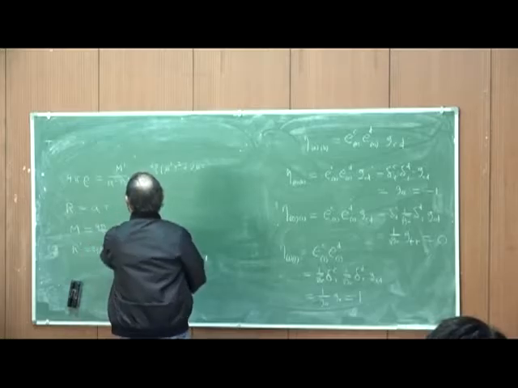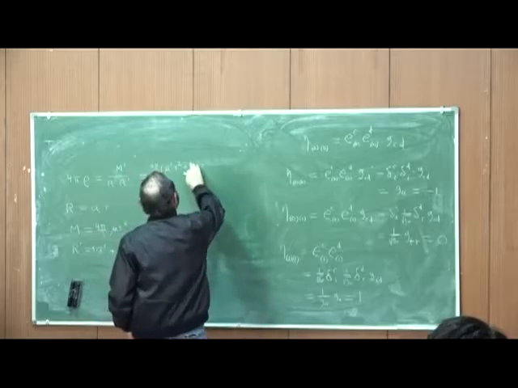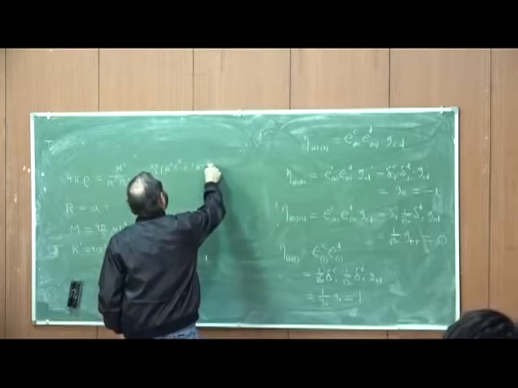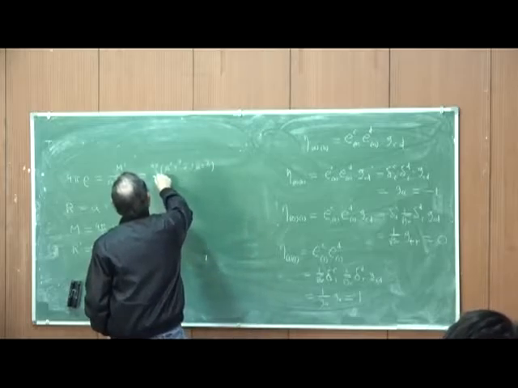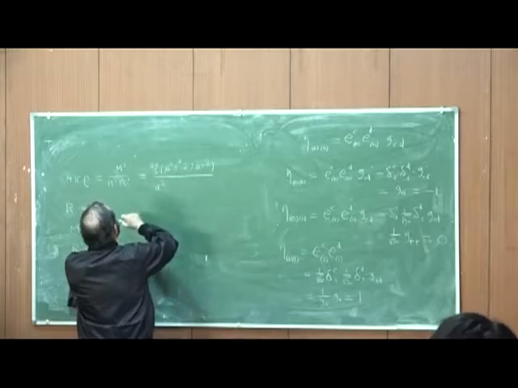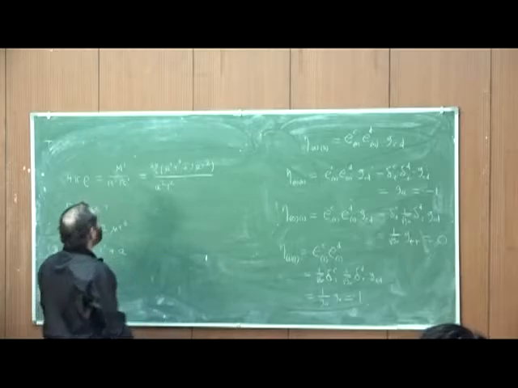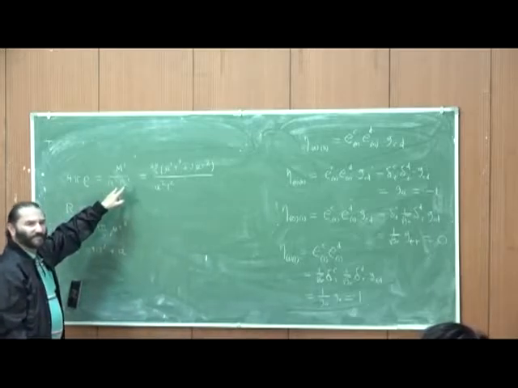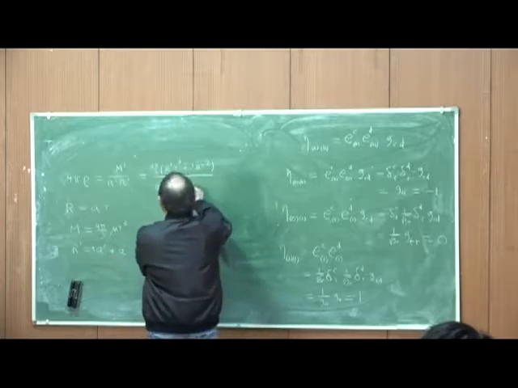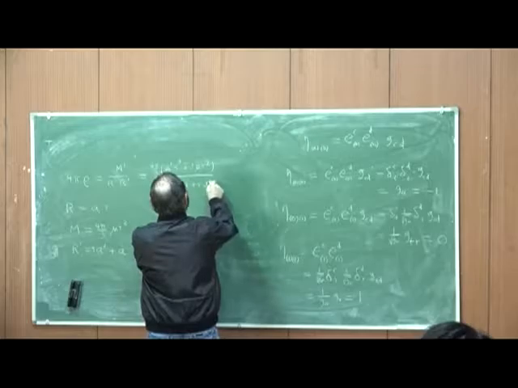Sorry, here is q. So this is 3. This is going to be a squared times r squared, right? Just substitution. Now r prime is going to be a plus r a prime, okay?